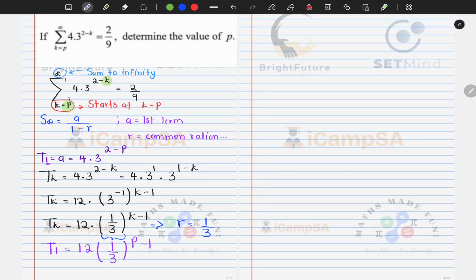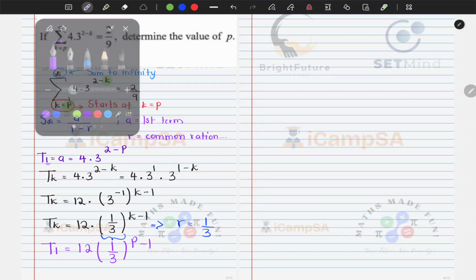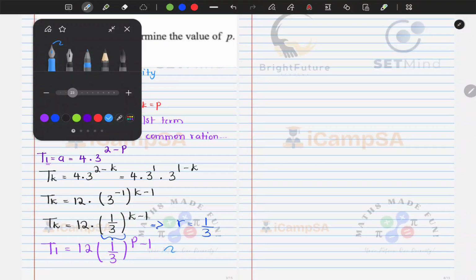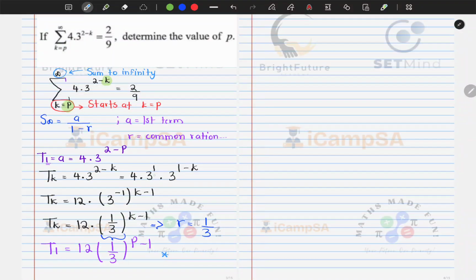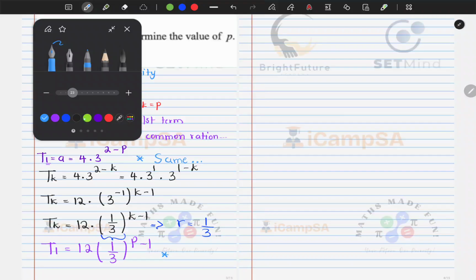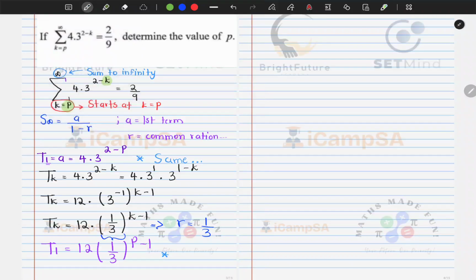Really nothing changes here; it's still the same thing and is equivalent if you work it out. So this T1 here, which is a, is the same. With this sorted, let's go ahead and quickly find our sum.